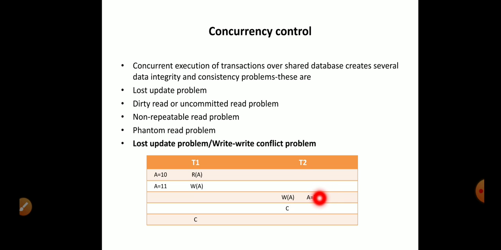Coming to transaction T1, after some time it commits without knowing that transaction T2 has updated the value of A. Now the update done by transaction T1 is lost. So you call this the lost update problem or write-write conflict problem.